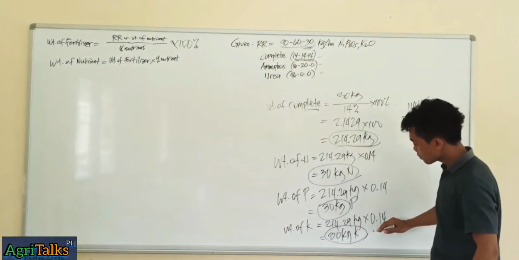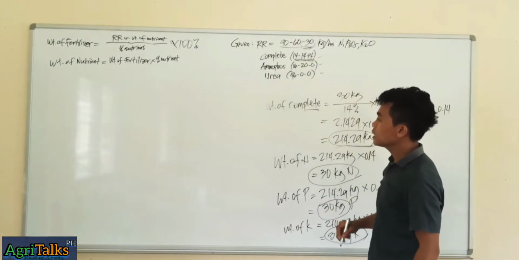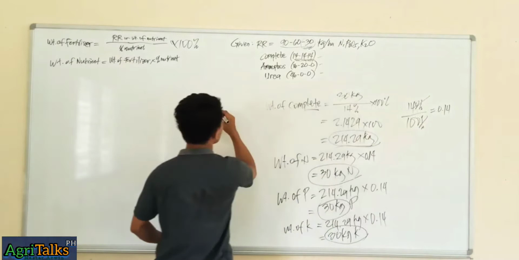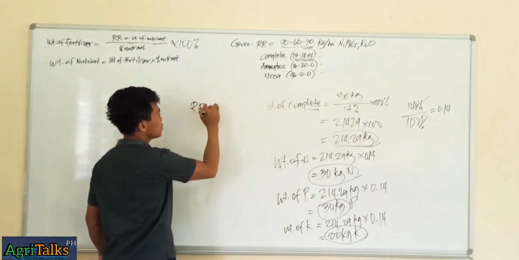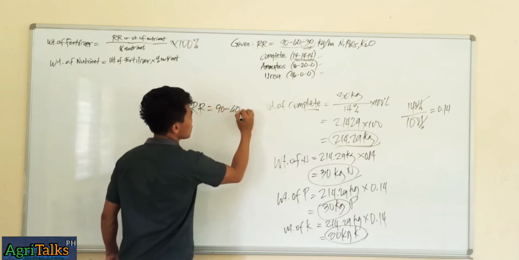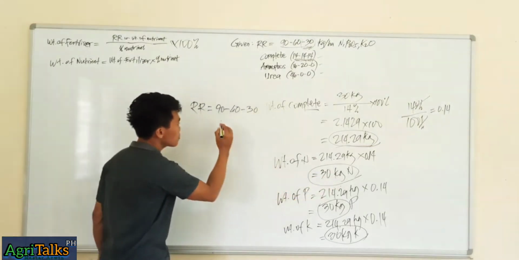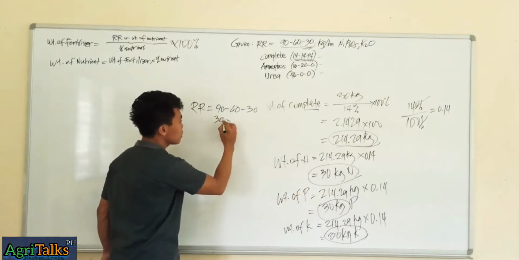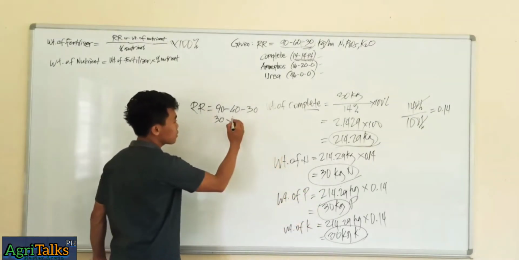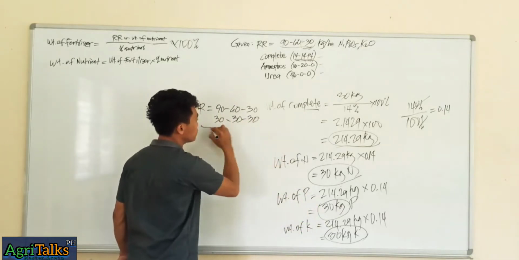So now, we will deduct this from the recommended rate. So the recommended rate, the RR, which is 90, 60, and 30. So we will subtract the 30 kilograms of nitrogen, 30 kilograms of phosphorus, and 30 kilograms of potassium.